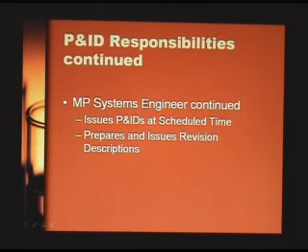There's going to be a certain stage. I have a table there. There's a HAZOP in the middle of that right-hand column. That's the point when the P&IDs are issued for HAZOP, that the revision description listing for every P&ID from there on needs to be provided by the process engineer.